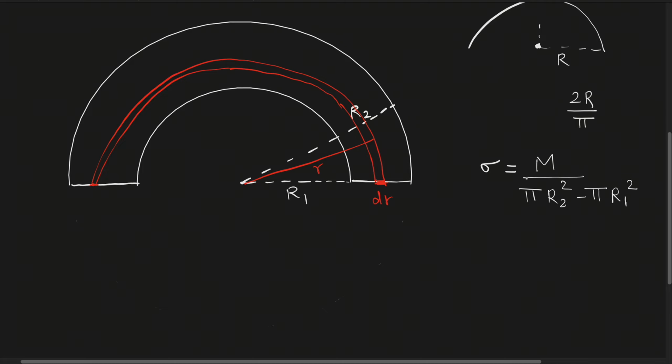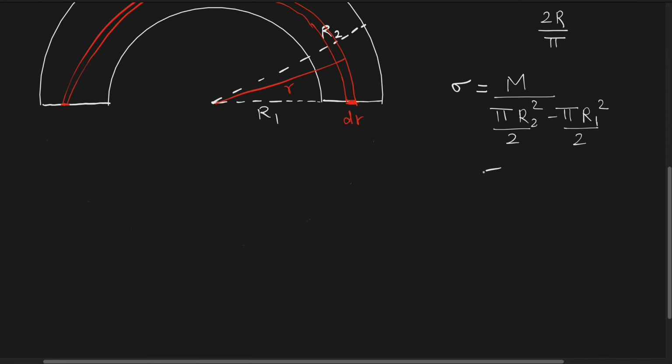But this is the area of a complete circle, and this is a semicircle, so we divide by 2: pi r2 square minus pi r1 square by 2. So sigma becomes 2M upon pi times r2 square minus r1 square. This is the value of sigma.